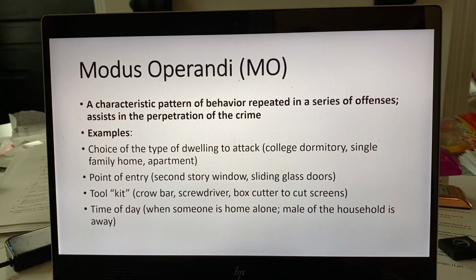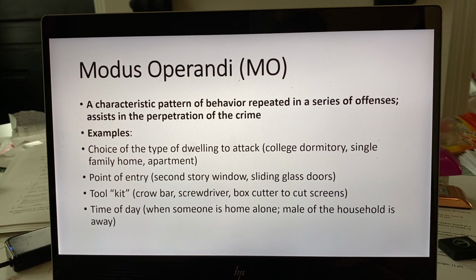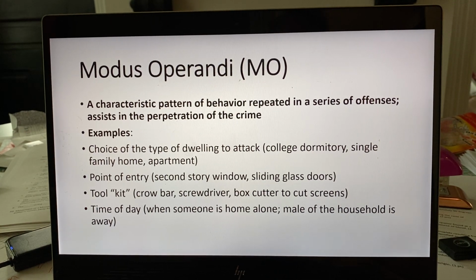Okay, so here are some examples of MO. Let's say the offender thinks, I want access to a large number of college-age women. Well, I'm going to choose to attack a college dormitory. I want someone who I know is a stay-at-home mom, so I'm going to attack a family home. I've noticed that the homeowners never lock their second-story window or their sliding glass doors, so that's where I'm going to enter.